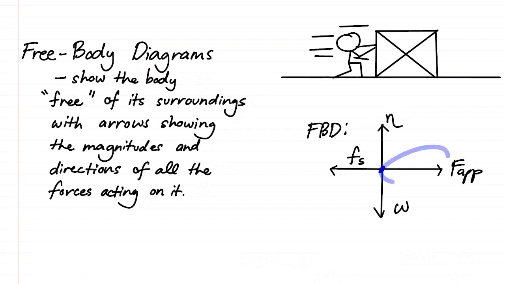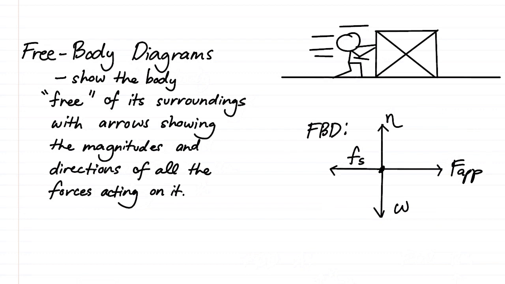Tapos, itong arrows natin represents all the forces acting on the object. So, we have the force applied by the person. Tapos, you have static friction preventing yung motion ng object. And then, you have the normal force na inexert nitong surface on our object. And then, you have the weight of the object. So, this is an example of a free body diagram.